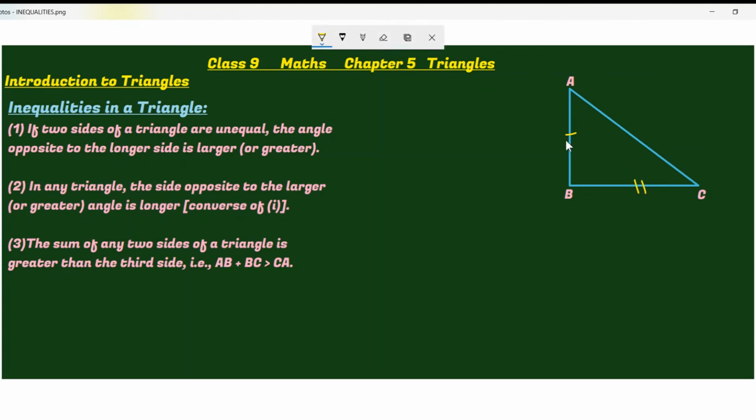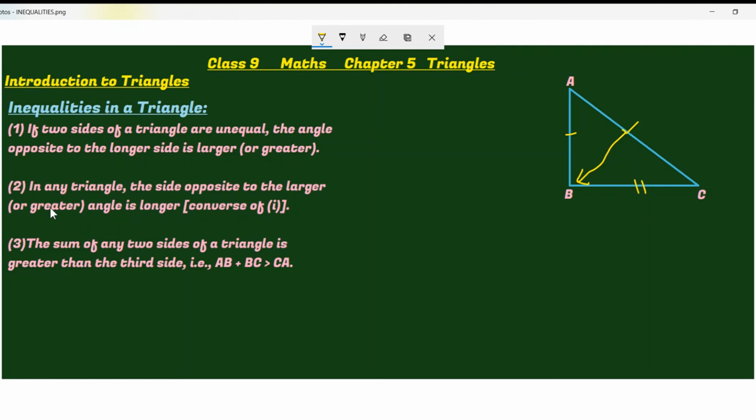I am considering AC as the largest side when compared to AB and BC. So the inequality is: the angle opposite to the largest side, this is the largest side and this is the opposite angle, would be larger than these two angles.